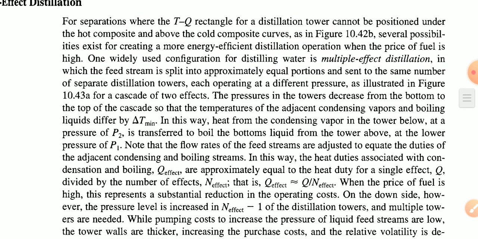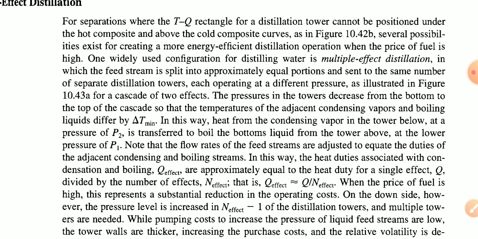In this figure, we see several possibilities for creating a more energy efficient distillation operation when the price of fuel is high. One widely used configuration for distillation is multiple effect distillation, in which the feed stream is split into approximately equal portions and sent to the same number of separate distillation towers, each operating at a different pressure, as illustrated in the figure for a cascade of two effects.